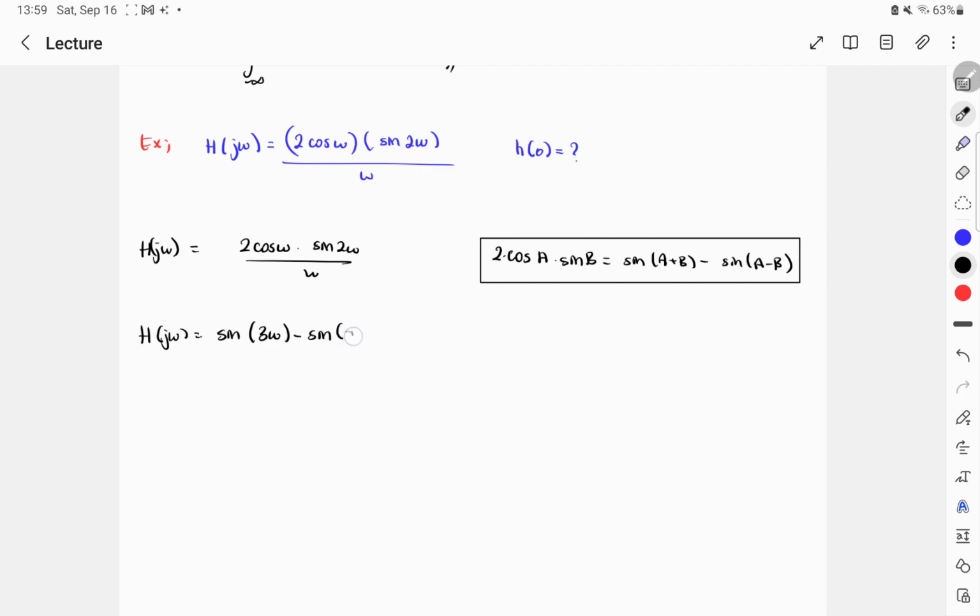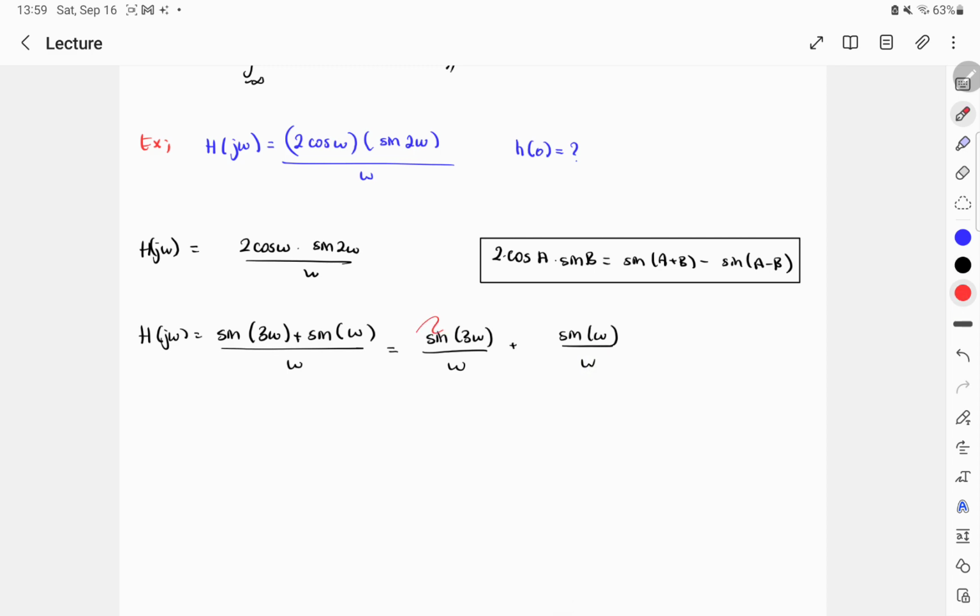We would need to write this over omega. I will just write sine omega with a plus here, as sine is an odd function. And then we can just split these up: sine 3 omega over omega plus sine omega over omega.